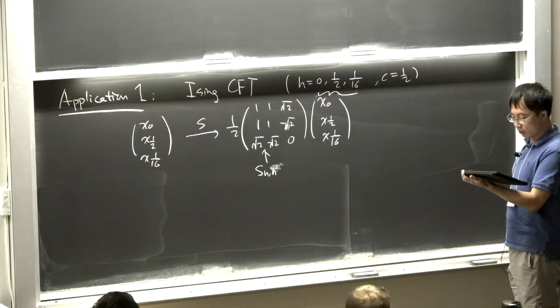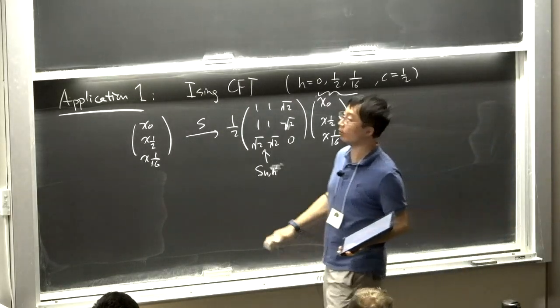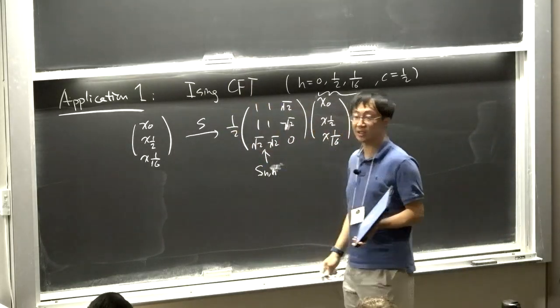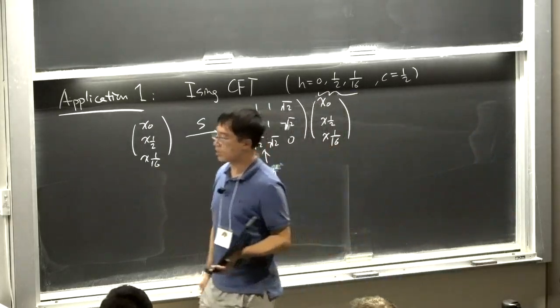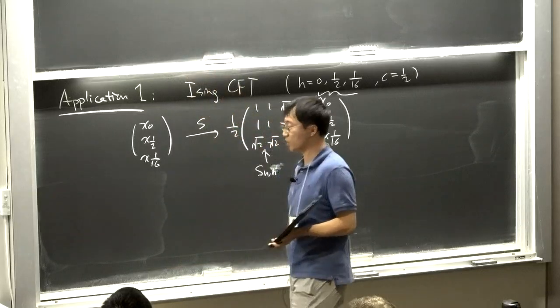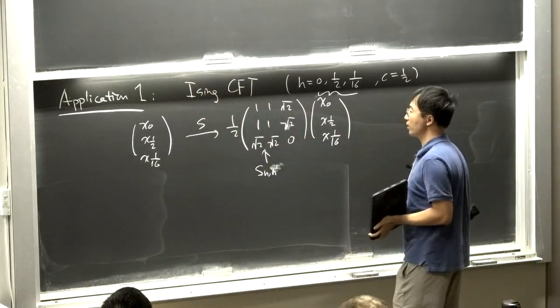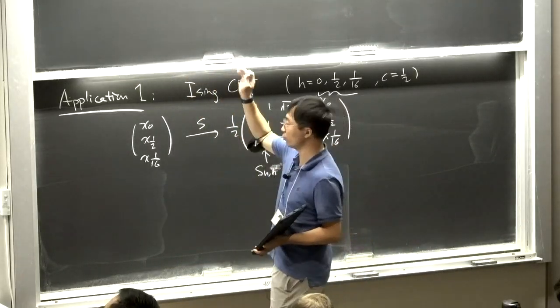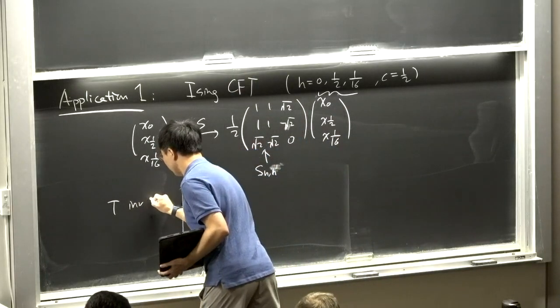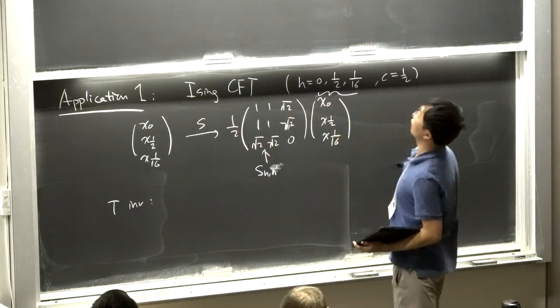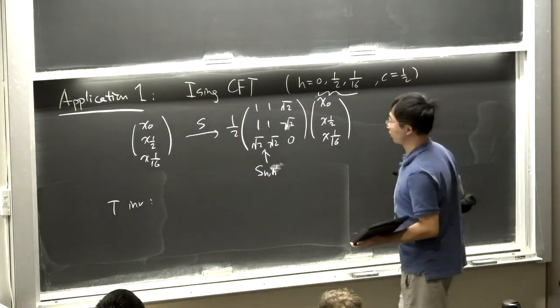All right. So now let's analyze the constraints from T and S invariance. As I said, T and S generate the whole modular group PSL2Z, so it's sufficient to consider these two generators and impose invariance of the corresponding function under these two generators. So firstly, under T invariance, the condition says that the spin has to be integral.